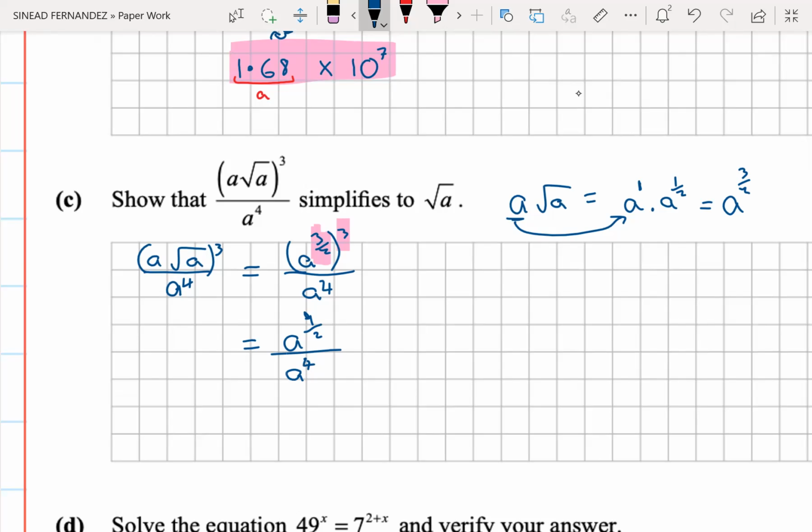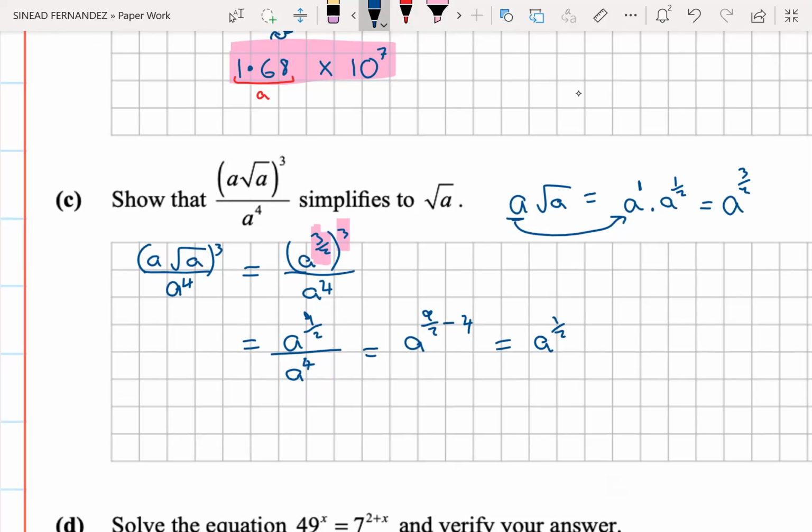So what's happening here is there's division going on, and whenever you're dividing, you subtract the powers. So we end up with a, and it's the top line first, a to the power of 9 over 2 minus the 4. So on your calculator, what's 9 over 2 minus 4? Well, that gives you a half when you subtract those.